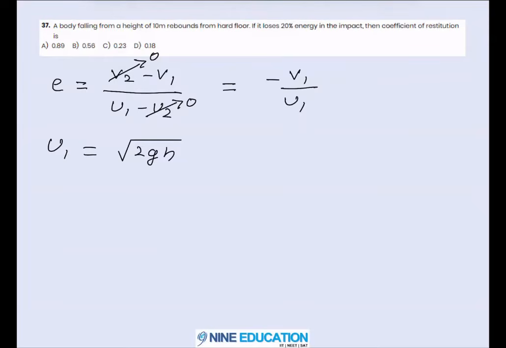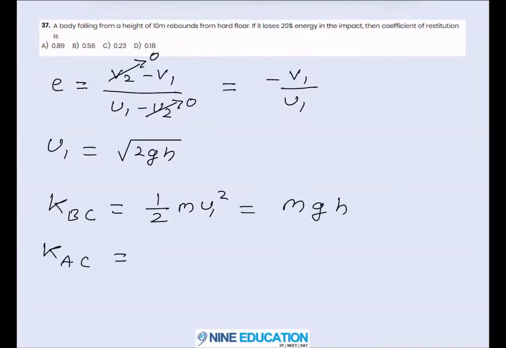Or even if I want to calculate the kinetic energy just before the collision, that will be half m into u1 square, which will also be equal to mg into h. Correct? Now 20% of the energy is lost. So how much energy is left? 80%. So 0.8 into the kinetic energy before collision, so it will be 0.8 mgh, right?